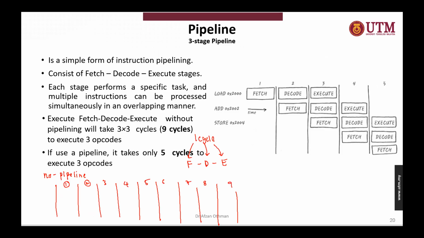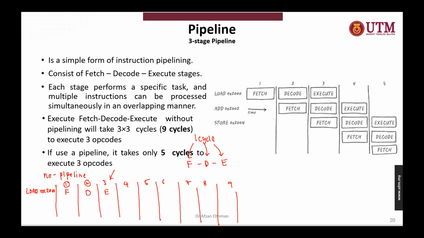First, we have the first instruction, load 0x2000. For the load 0x2000, we need to have a fetch, decoding, and execute. So until cycle number 3, the first instruction is finished.